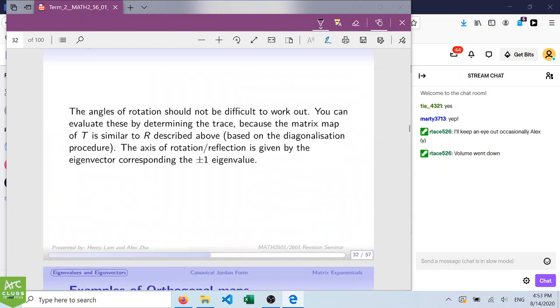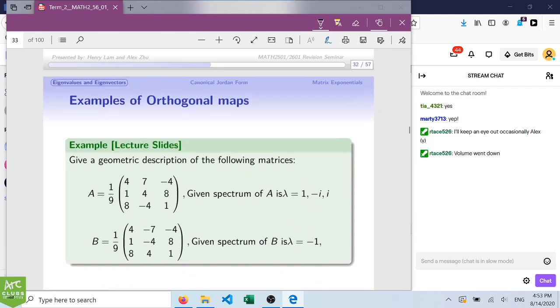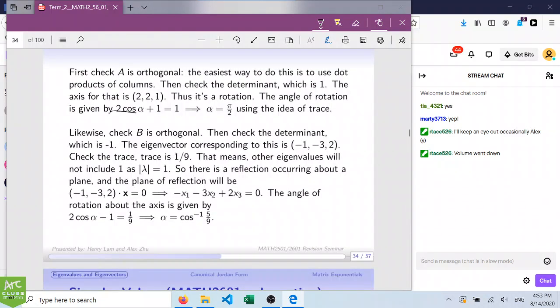That's the property that we're going to use. We're going to say that if a matrix is similar to another matrix, then it can be diagonalized, or it can be transformed under a change of basis. So pretty much you just need to match this 2 cos alpha plus 1 with the trace. Oh, sorry, with the determinant.